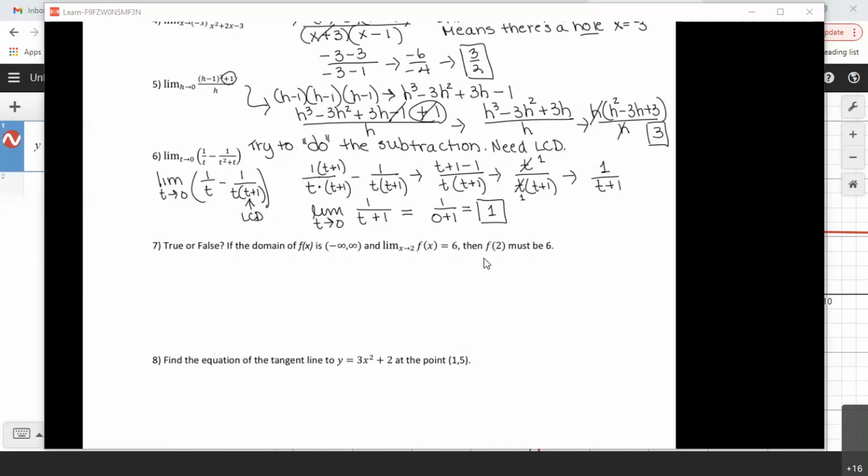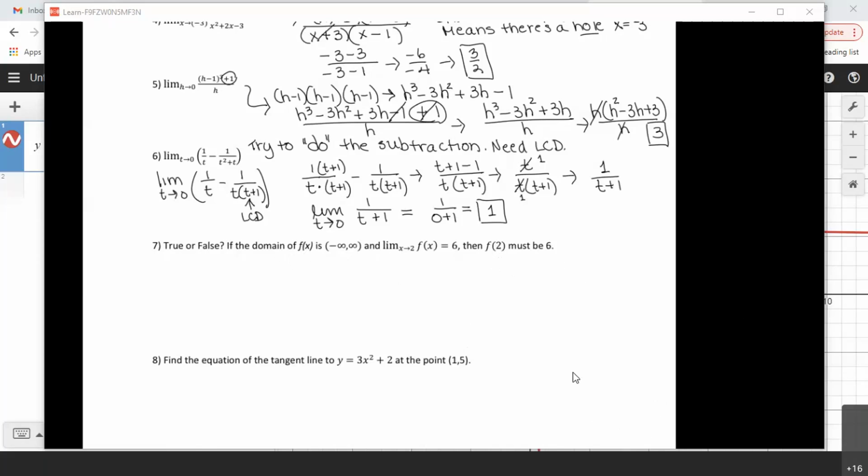I'm going to let you think about that one for a while, just a minute. And what I'm going to tell you is try to think of a counter example. A counter example is one where these statements are true.